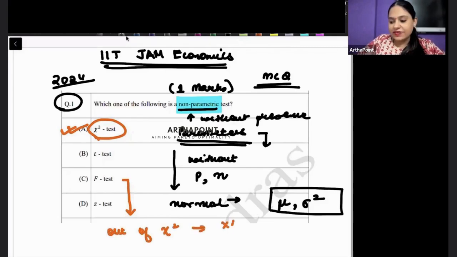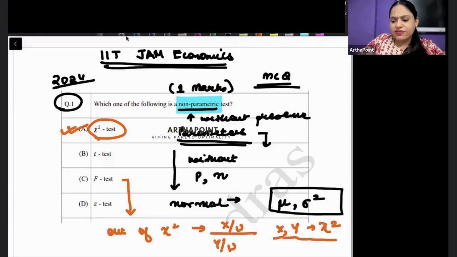We had x divided by its degrees of freedom, y divided by its degrees of freedom, where x and y were chi-square distributed. तो ऐसा क्यों है कि F test is a parametric test, but chi-square is not a parametric test? Anyone?